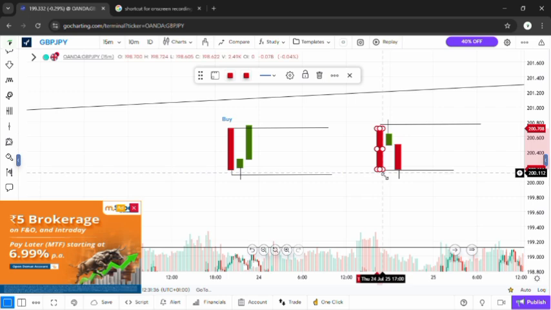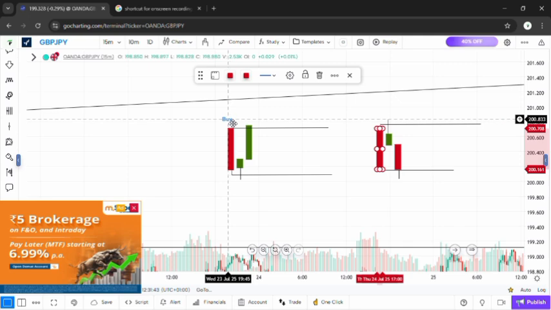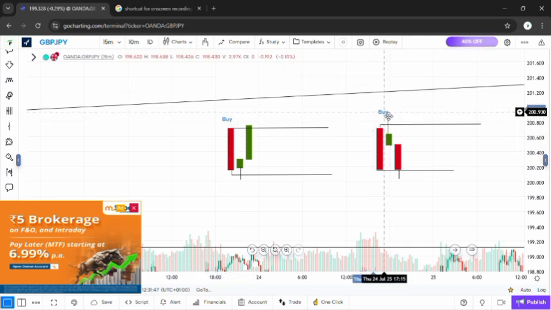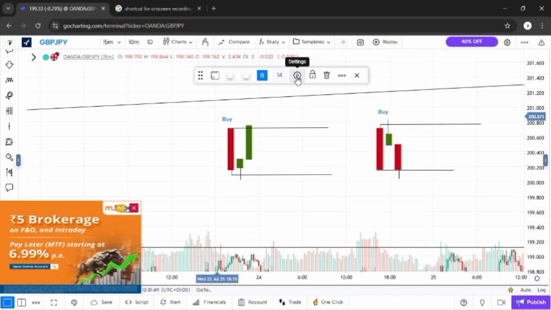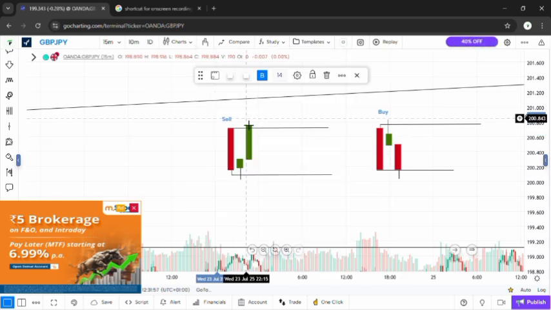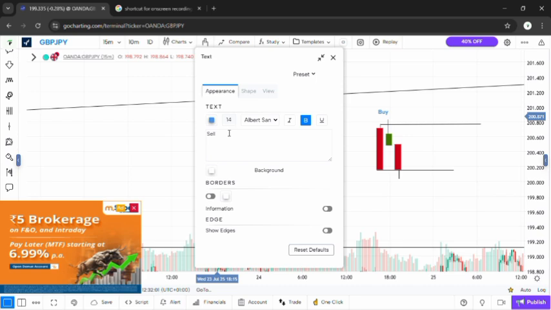And this is a sell setup. Now, sorry, this is set up for a buy. Wow, this is a setup for a sell.